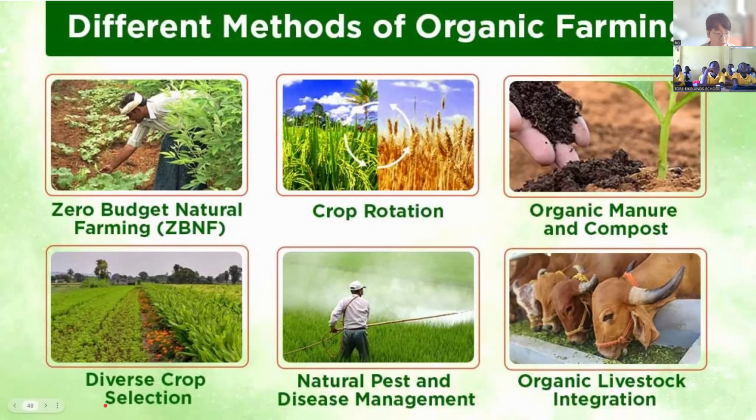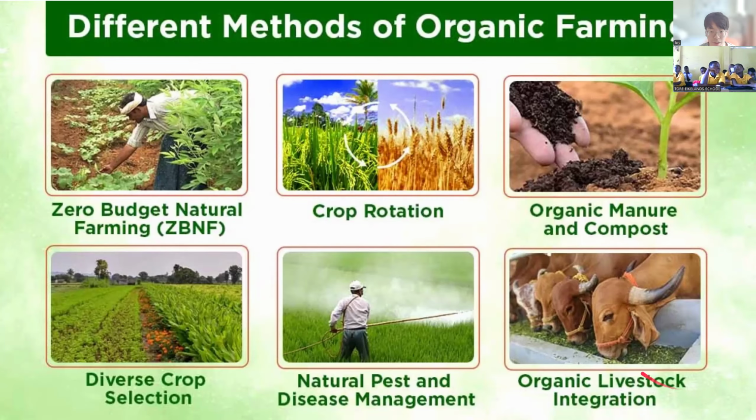And we also plant diverse crop selection in organic farming. And in organic farming, they also use natural pesticides. Instead of using artificial chemicals, they use natural resources. And finally, there's organic livestock integration, meaning that they also raise animals in these farms because that will increase animal manure and that will help the plants grow better.